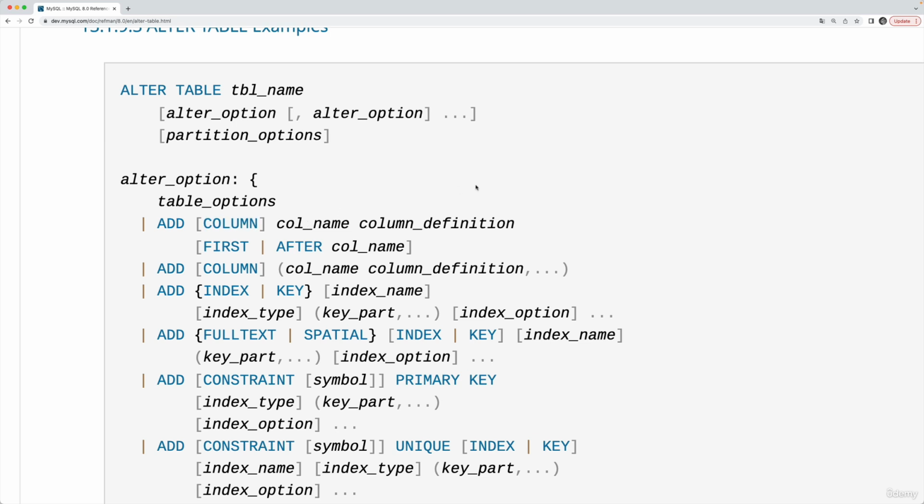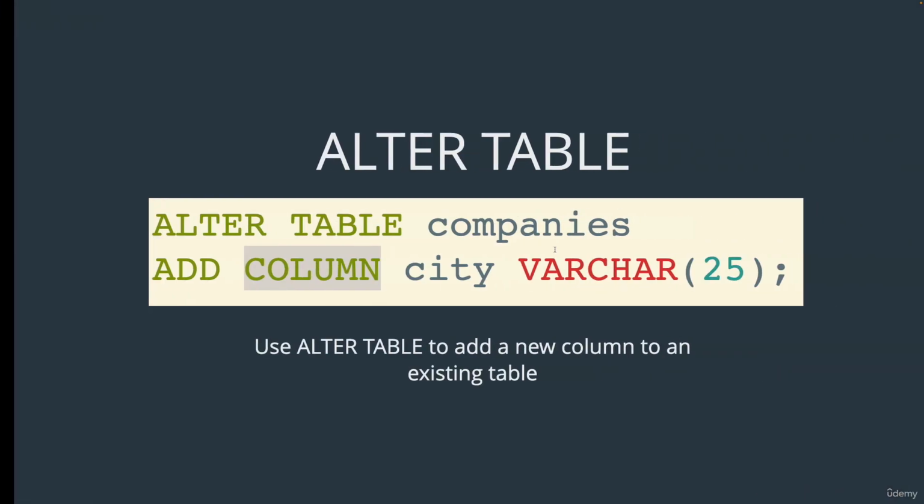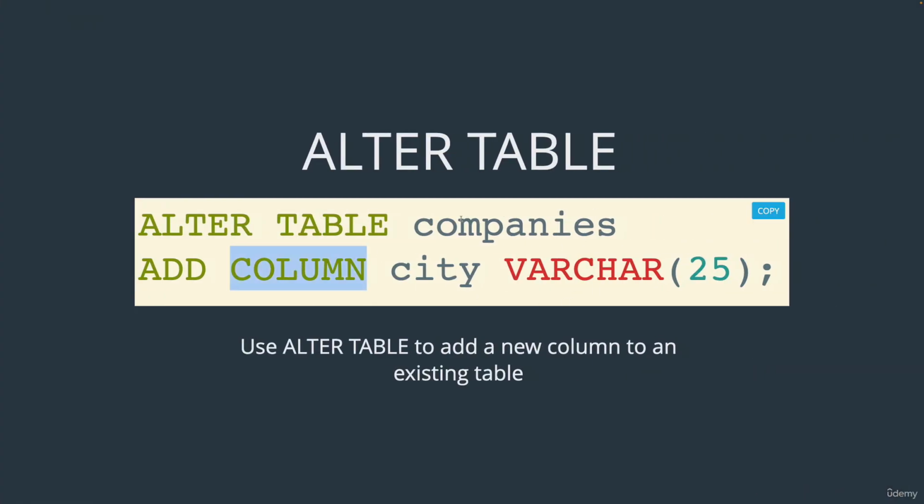I like to put it there because it's a little clearer, but it doesn't matter. So add some column. What is the column's name going to be, and what is its definition? The data type, not null, constraints, whatever you want afterwards. So in this case, we're adding a column to companies called city, and it's a varchar 25.